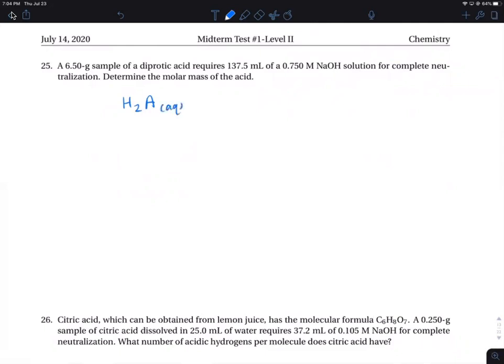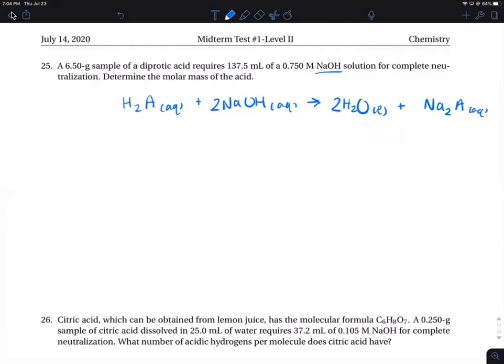So we add NaOH to it, and that's going to form some water, which is obviously liquid, and then some salt, Na2A. Then we have to balance this, so a 2 goes here, and then a 2 goes here. Then, yep, it should be balanced.